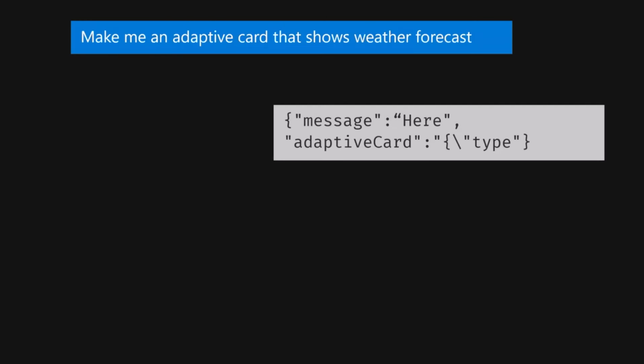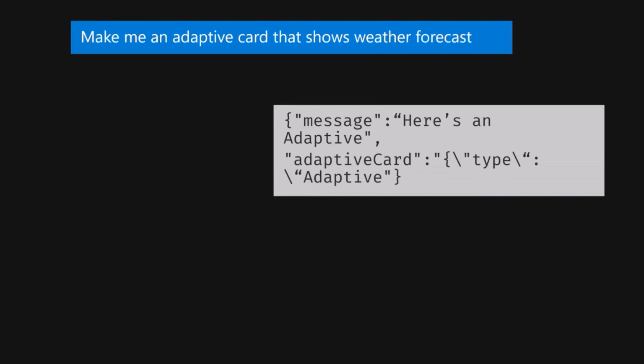It would say it here in the message, but in the adaptive card, it would start building the JSON. So here's an adaptive card, blah, blah, blah, right?